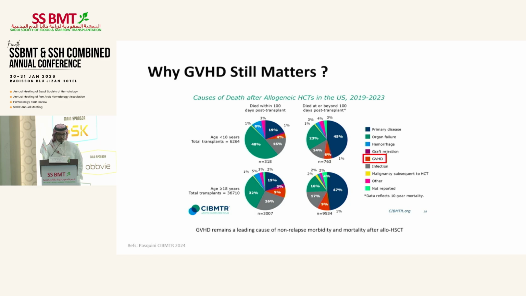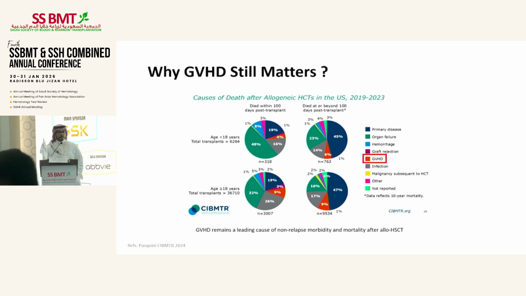It constitutes about 9 to 10% of mortality before 100 days and also after 100 days of transplant. And this is seen more in the adult population compared to the pediatric population, due to the fact that we use more peripheral blood stem cell transplant compared to bone marrow harvest in the pediatric populations.